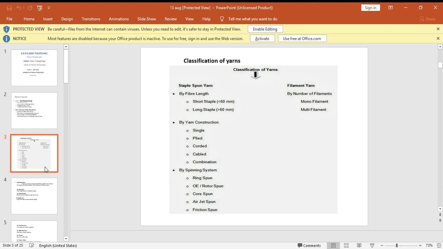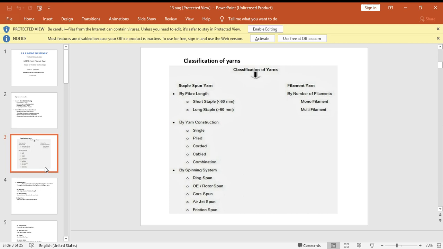And by spinning system, the yarn is classified as ring spun, OE or rotor spun, core spun, edge spun, friction spun. In the case of filament yarn, it is classified by the number of filaments into monofilament and multifilament.